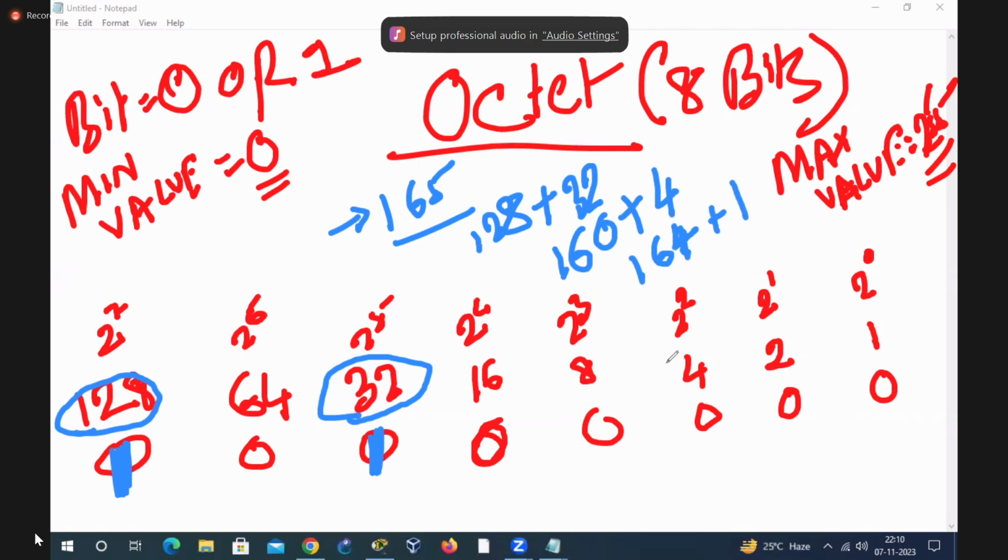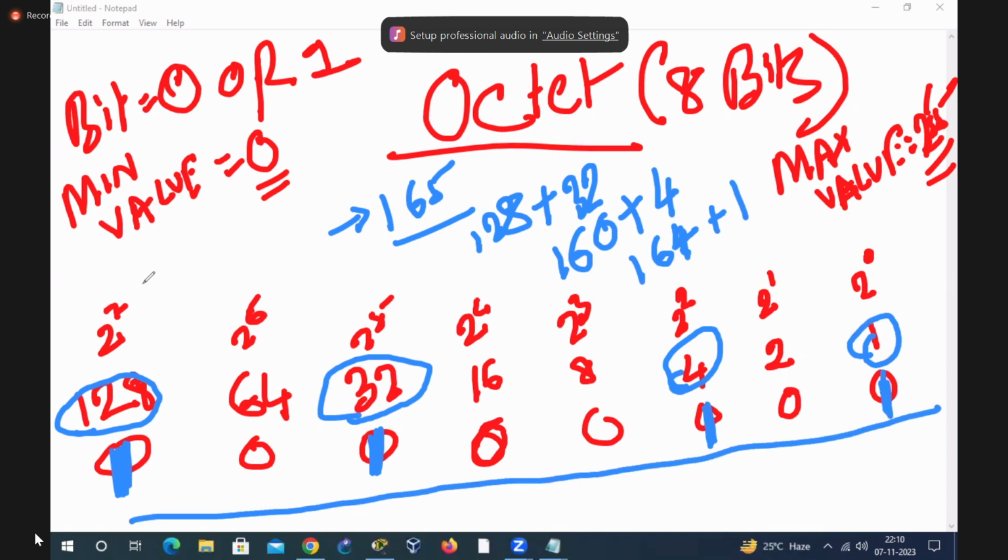So we are taking 2 to the power 2 and 2 to the power 0, that is 4 and 1. The remaining are 0. So what is the overall result? It is 1 0 1 0 0 1 0 1. That is your 165. Let's take another example.